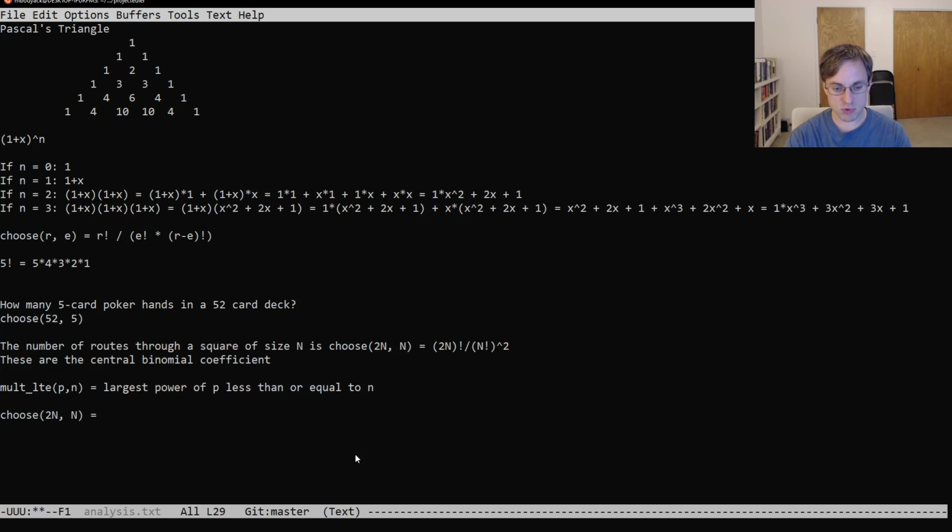That's just going to be equal to the product over p in primes, and it's going to be p raised to the power mult LTE p comma 2n factorial minus 2 times mult LTE p comma n factorial.